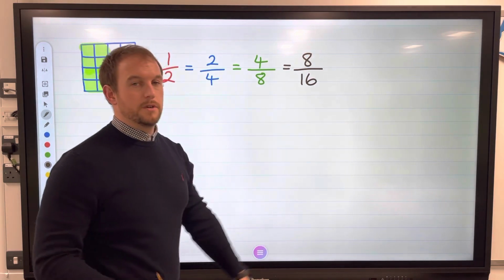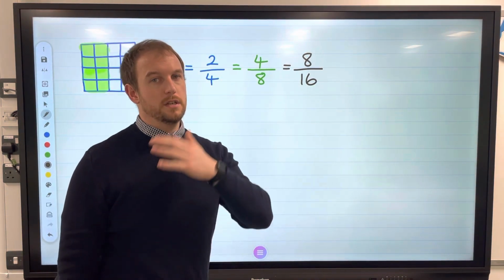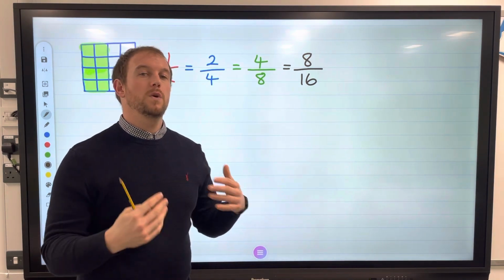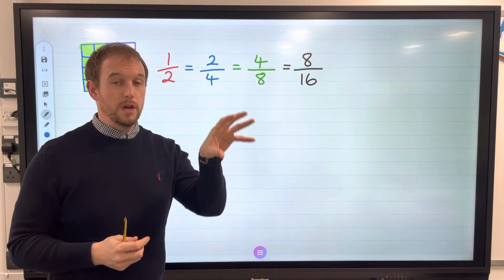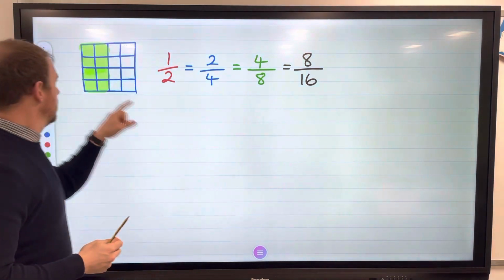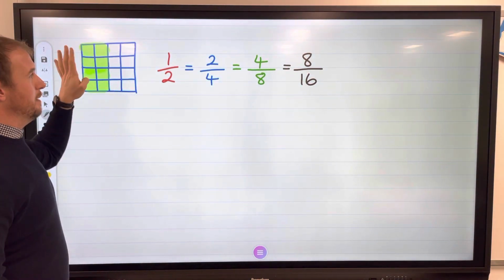All of these fractions are equal. So they are equivalent fractions, because they all are exactly the same amount of the original shape, or the original amount. I had a square, I haven't shaded any more. You can see it's the same amount.